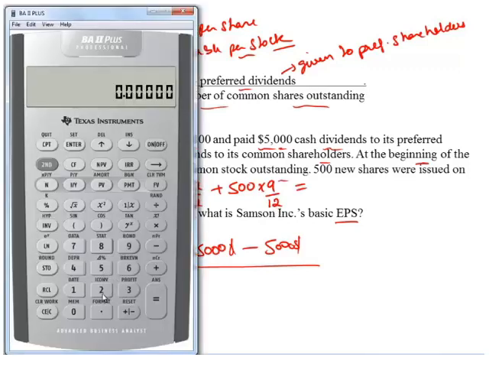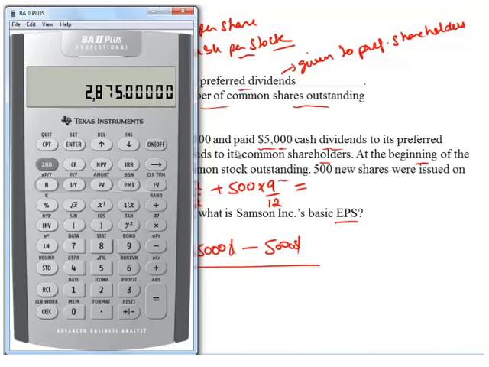This can be calculated as 2,500 stored in memory register 1, plus 500 times 9 divided by 12. So the value will be stored in memory register 1, and I can recall it from memory register 1.